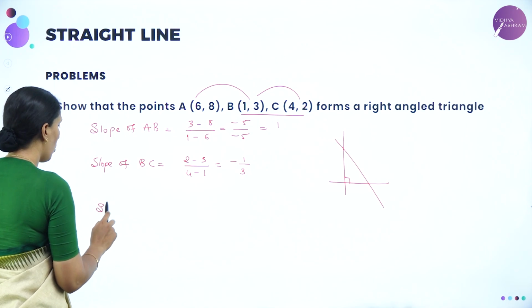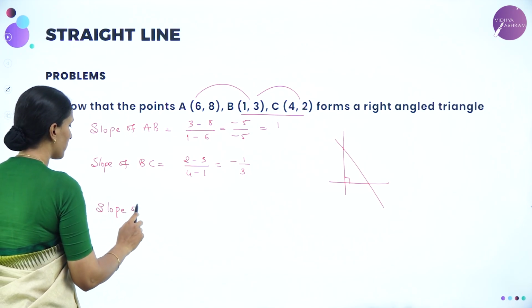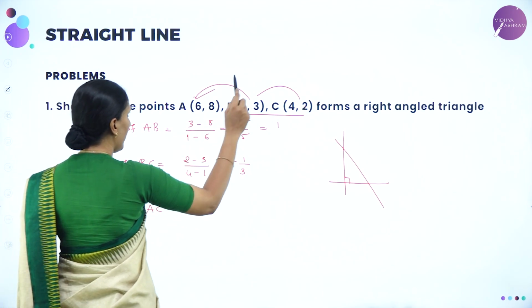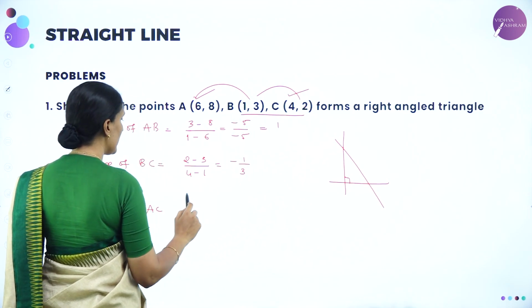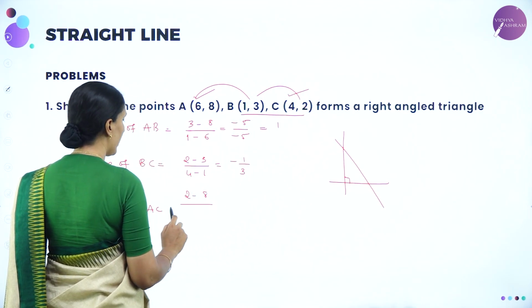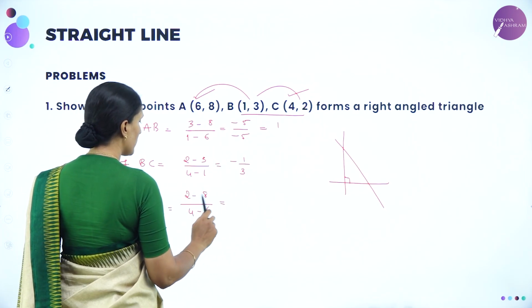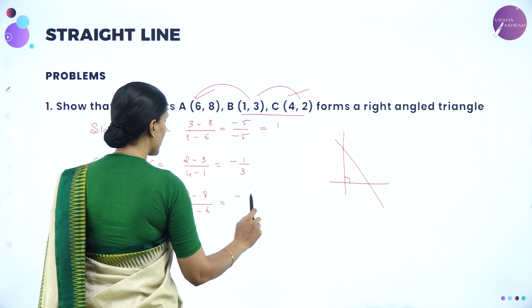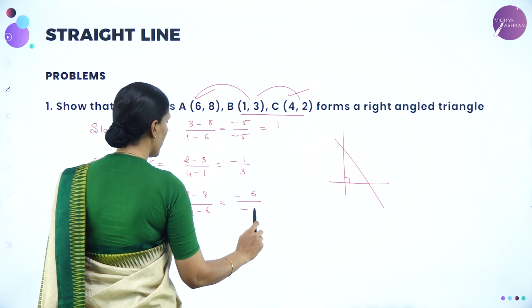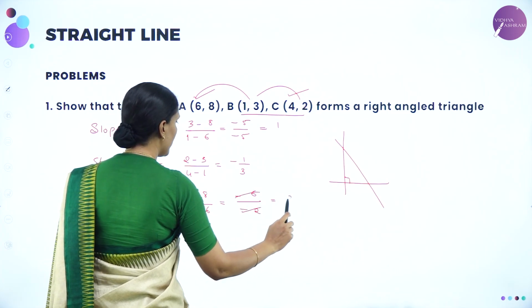Now let me take the slope of AC. A and C: (2 minus 8) whole divided by (4 minus 6), which is equal to -6 divided by -2. So we will get 3.